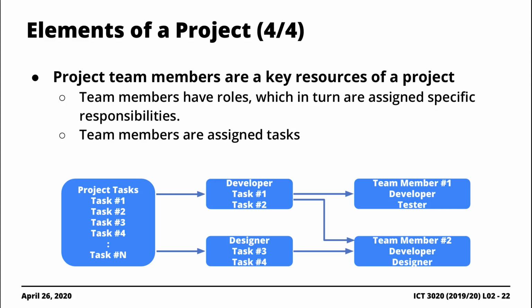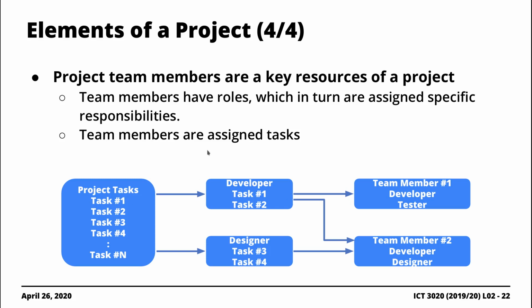At some stage, once you start the development, perhaps you might decide to assign specific roles to different group team members: developer roles, designer roles, tester roles, the people that are going to go through the quality assurance process, validation and testing. And then you come up with a list of all the different project tasks associated with the different activities of this project you're undertaking. Those tasks will be loosely tied to the different roles.